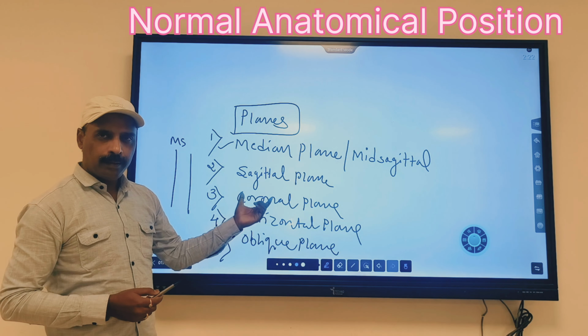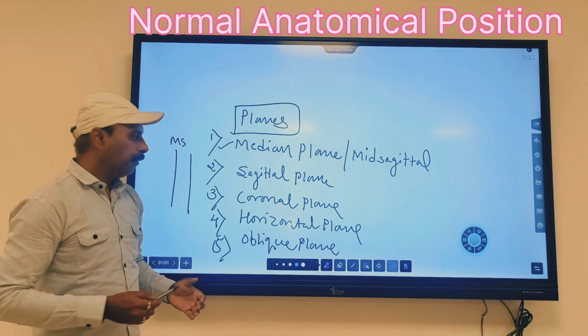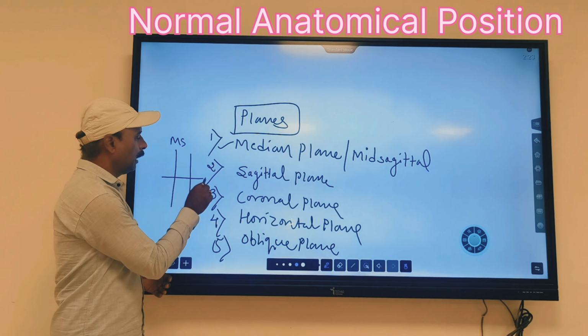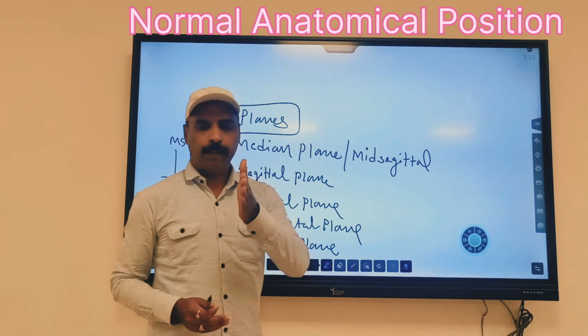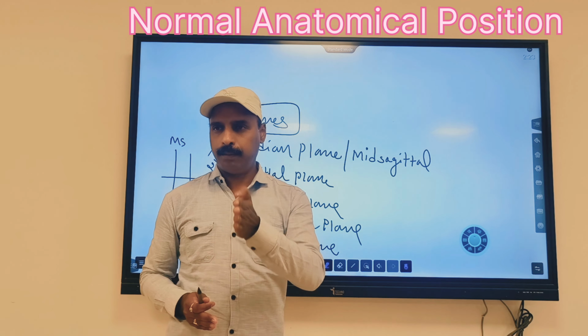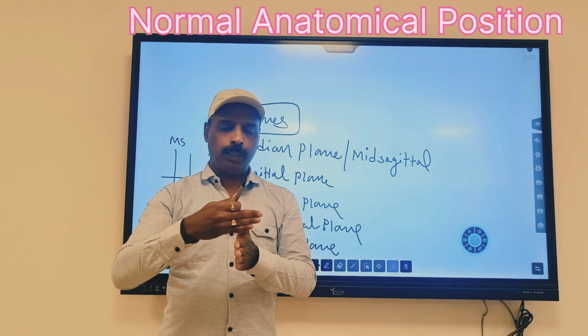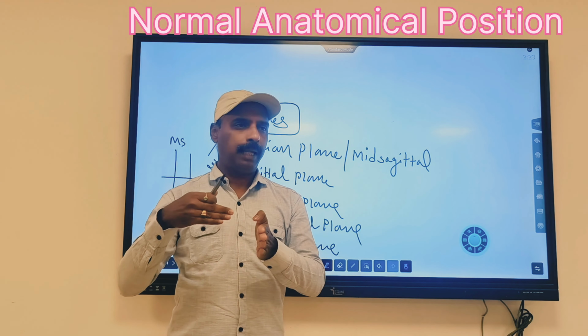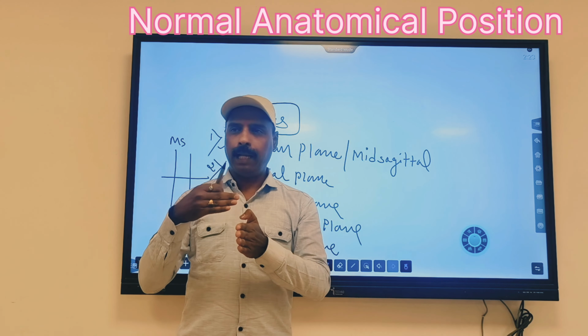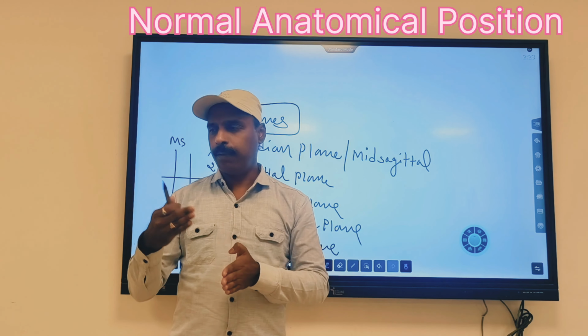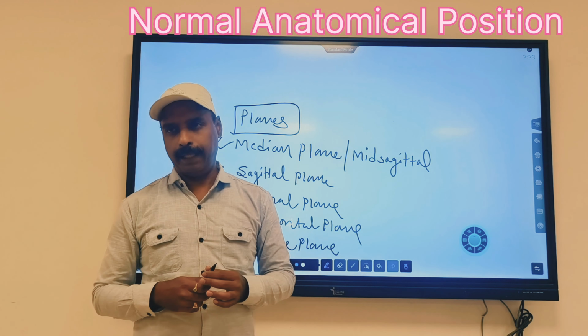Then the coronal plane is also a vertical plane, but it makes a right angle to the median plane. The median is a vertical plane, and the coronal also goes vertically this way, making a right angle to it. Making a right angle to each other, we call that the coronal plane.